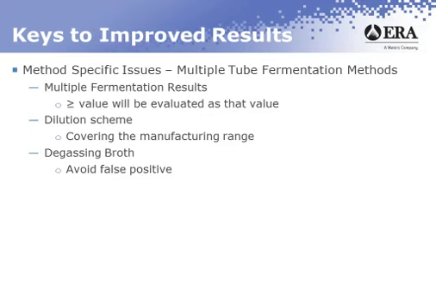Another issue that comes up periodically is degassing of broth. To avoid false positive results due to dissolved gas in the media, you want to make sure that you're at a minimum pre-warming your tubes up to room temperature, and then if you do get any outgassing of the media, you want to get that out of your Durham tube before you actually do your inoculation, or out of your fermentation tubes.